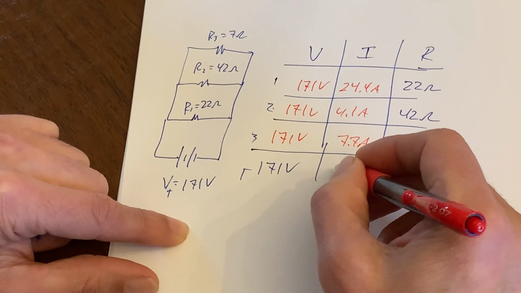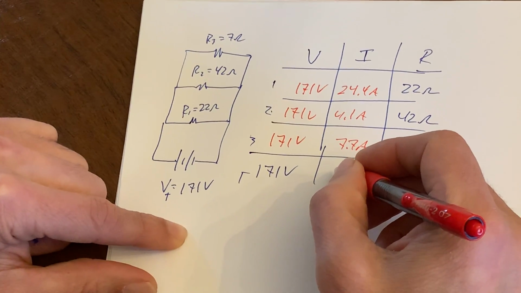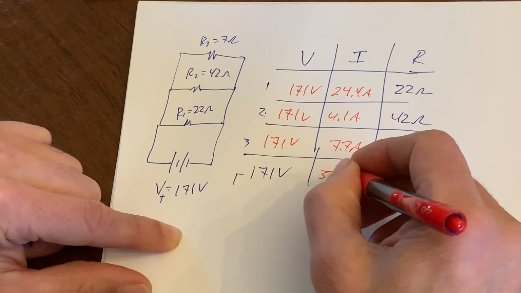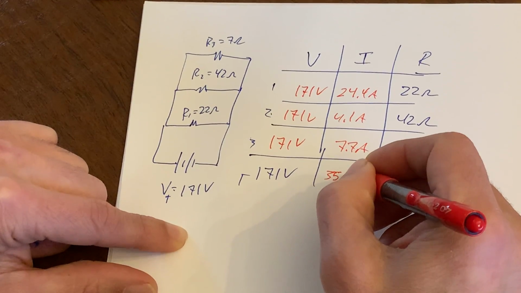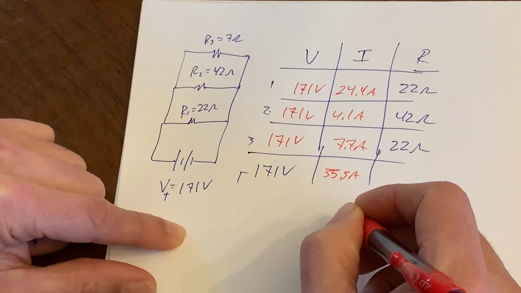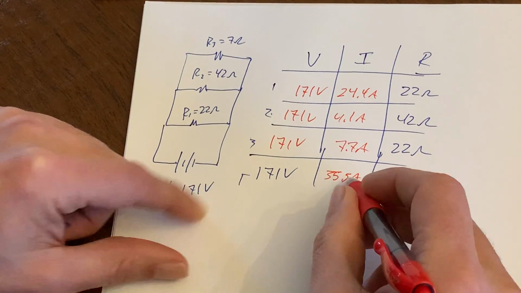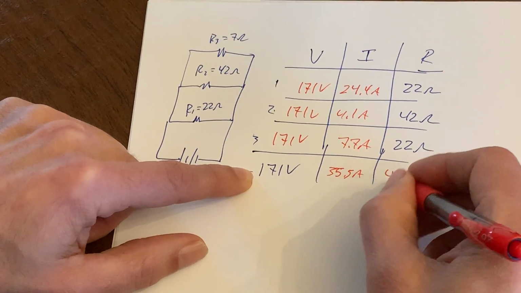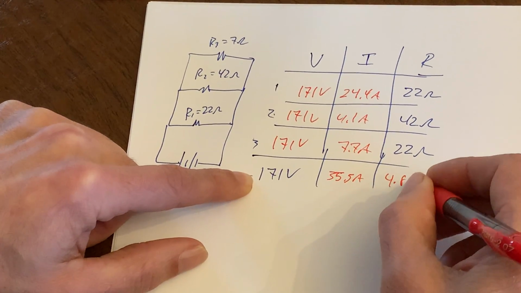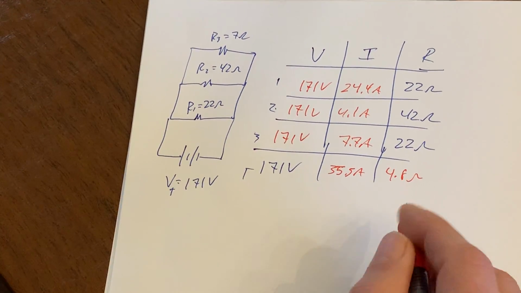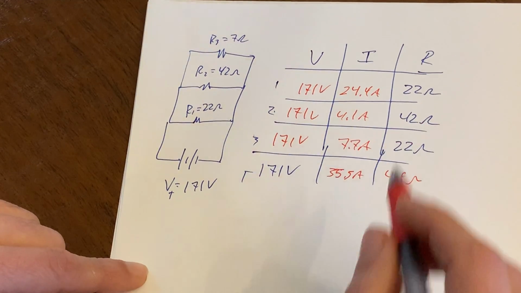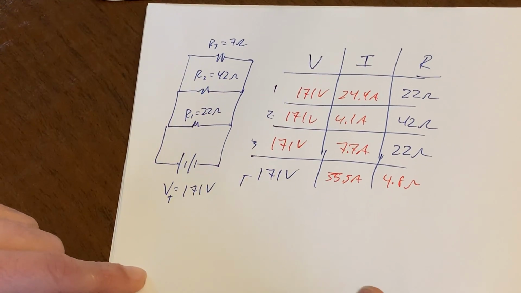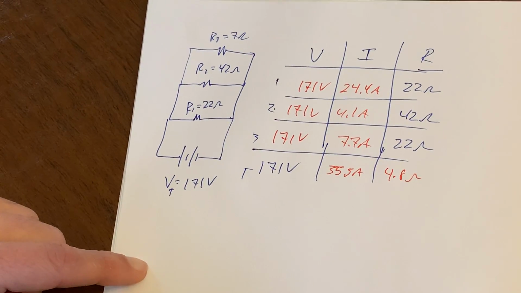I'm getting 35.5 amps. Doing a little bit of Ohm's law here, I get 4.8 ohms. Okay, so that's this one solved.